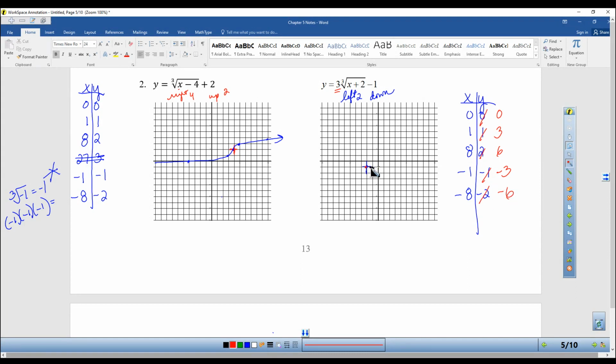So 0, 0, 1, 3, 8, 1, 2, 3, 4, 5, 6, 7, 8, and then 6, 1, 2, 3, 4, 5, 6. And then negative 1, negative 3, and then negative 8, negative 6. So this is going to come in like this. It's going to be very steep right there in the center portion. And that's what your graph is going to look like.